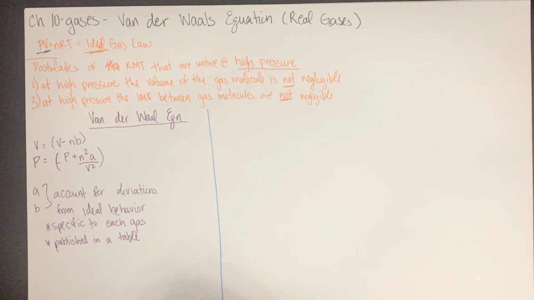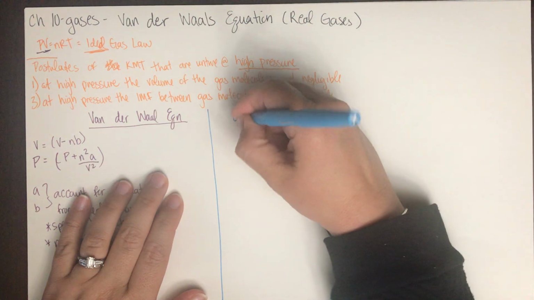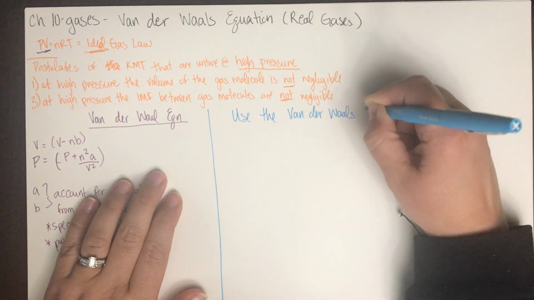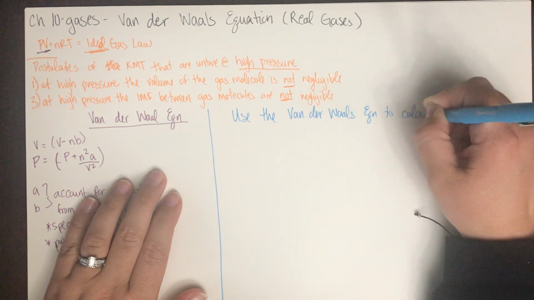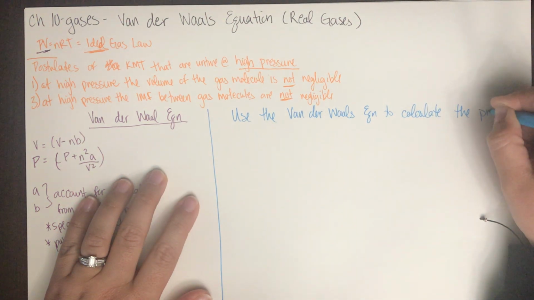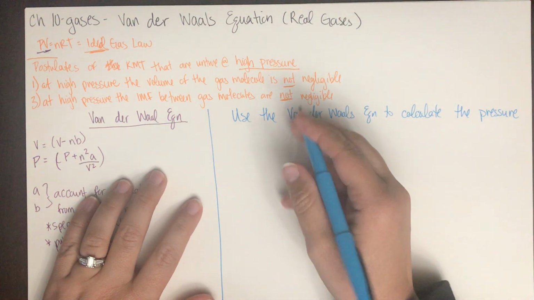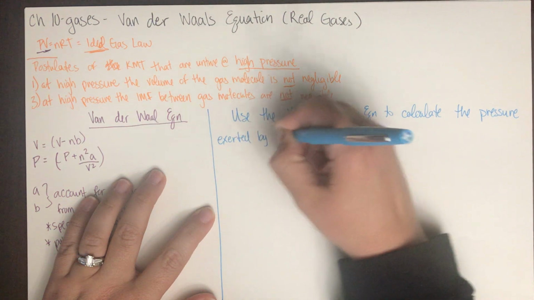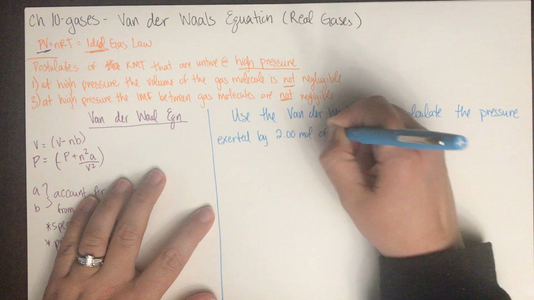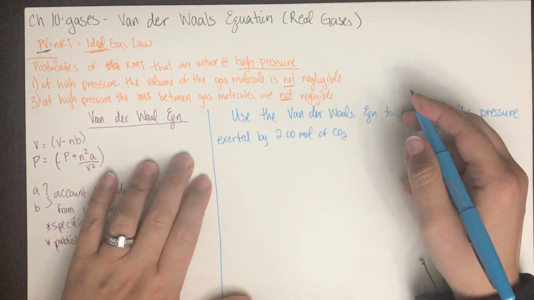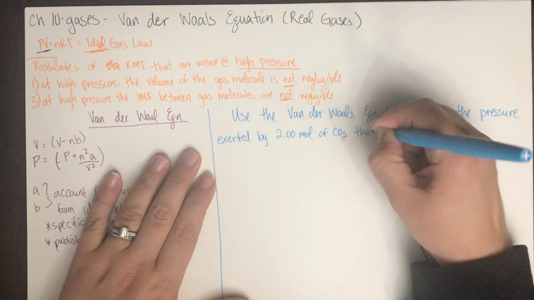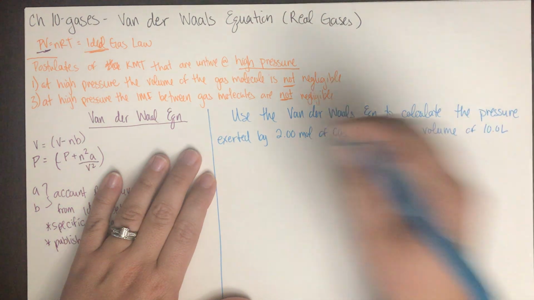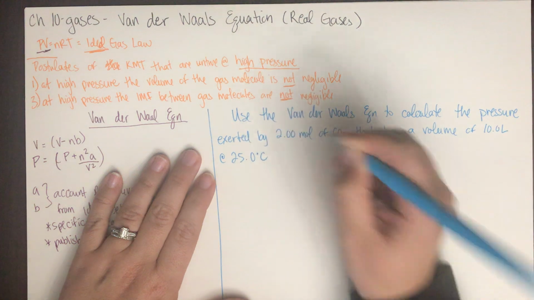So I'm going to say use the van der Waals equation to calculate the pressure exerted by 2.00 moles of carbon dioxide that has a volume of 10.0 liters at 25.0 degrees Celsius.